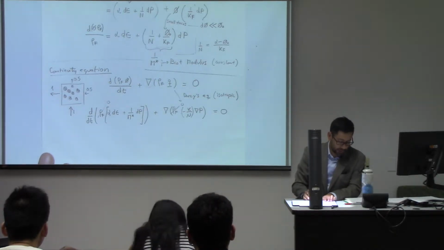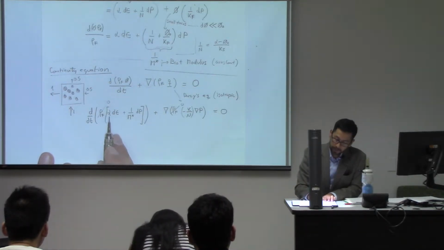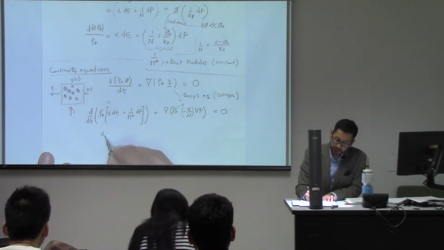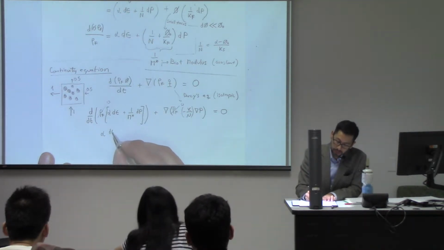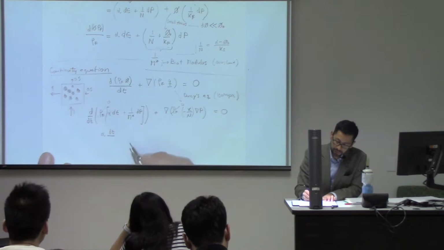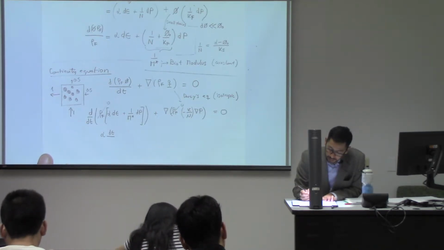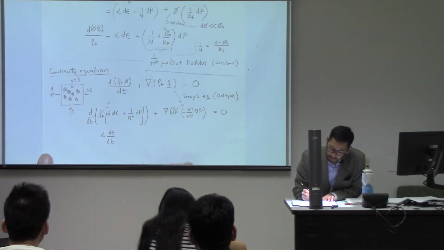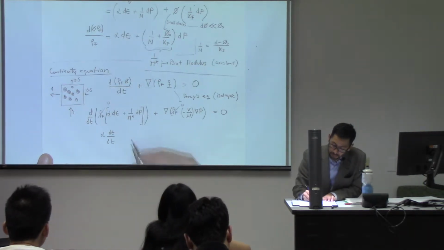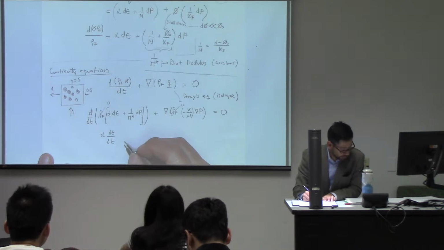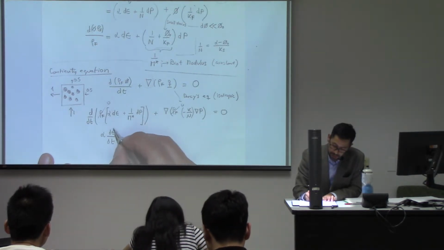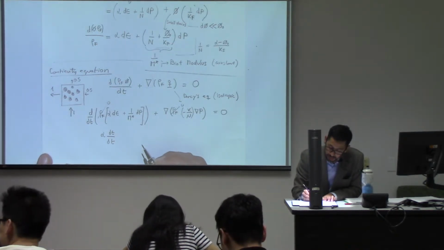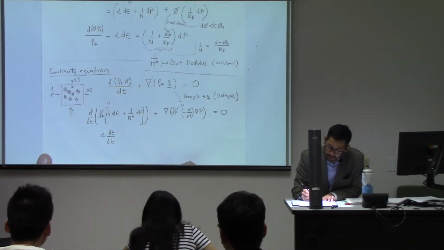Now I'm going to assume that this alpha remains constant with time. So I can take the derivative inside this term. Wait. It should be a second derivative.